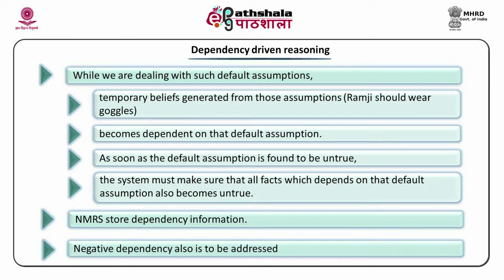You try the first option, then the second one, then the third one, you systematically try all of them. When you come to a dead end, you go to the next one. Usually you go in a blind fashion, you try all possible combinations. In dependency driven backtracking, you choose one which is based on the dependency and not the other one. Anyway, I am not going to discuss that, because we are only going to discuss NMRS in brief, but the references that we had have enough information about that.